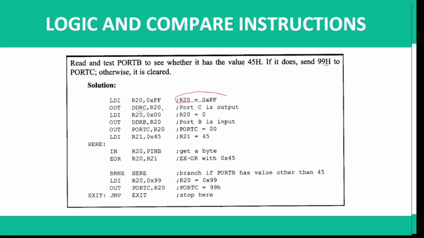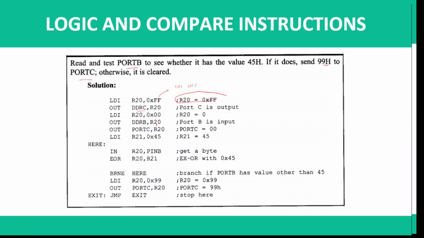To do that, we need a value of R20 equal to 1, or set. So we have 0xFF loaded to R20. This FF has an equivalent of eight 1s, meaning all the bits in register 20 have a value of 1. And also, we have port B as an input, because port C is an output and port B is an input.